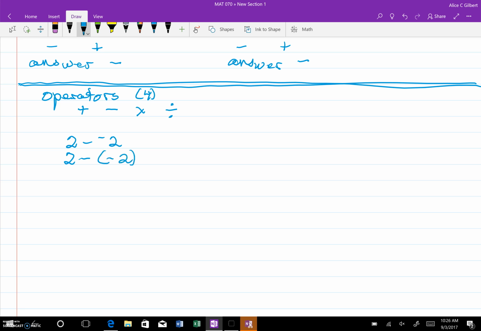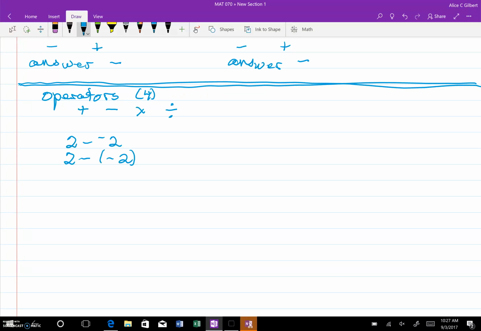In this case, however, now the parentheses mean multiply. And when I'm adding and subtracting signed numbers, all those parentheses need to go away. I have to have only positives and negatives between everything. So the way to get rid of these parentheses is to just multiply your signs. You can think of this as a -1 here, but don't write it.